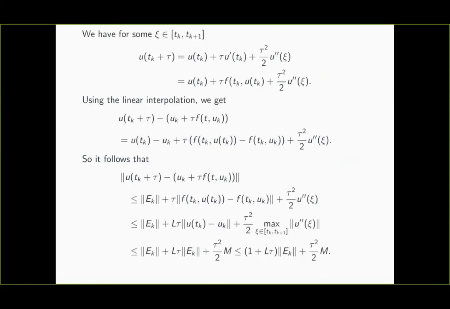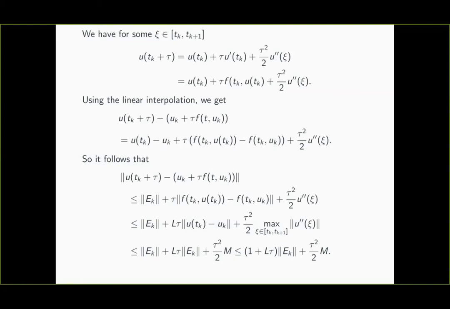That error analysis is actually a bit similar to what we've done before. So we begin again with the Taylor polynomial. Using the error theorem for Taylor approximation, we see that the solution u at time tk plus tau can be written as u of tk plus tau times u prime of tk plus tau squared over 2 times u prime prime of xi.